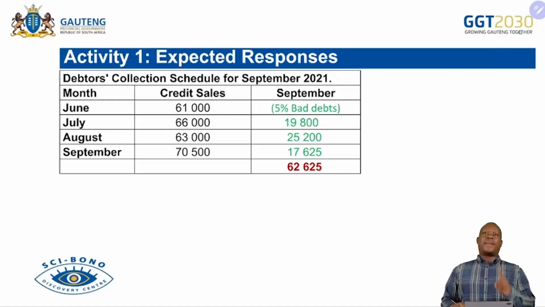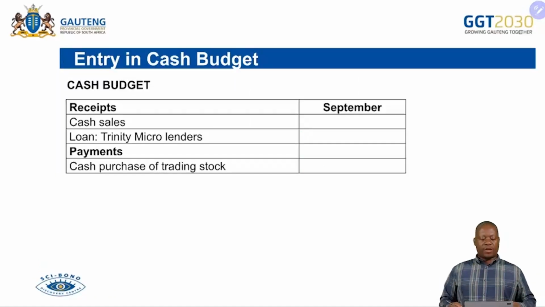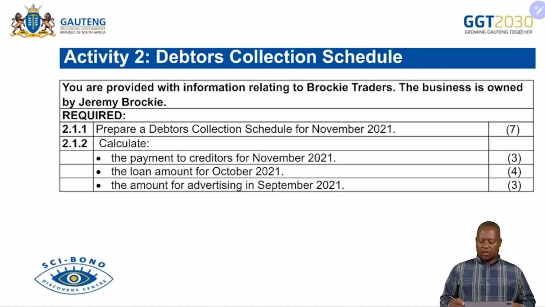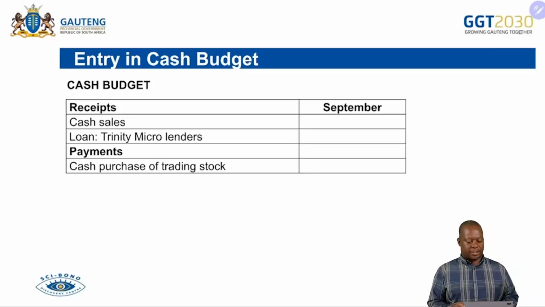That is the amount we are expecting to collect in the month of September. And this is the amount that goes to the cash budget as collection from debtors, or receipts from debtors. That's the expected receipts from our debtor. So you are going to see this should go into our cash budget.